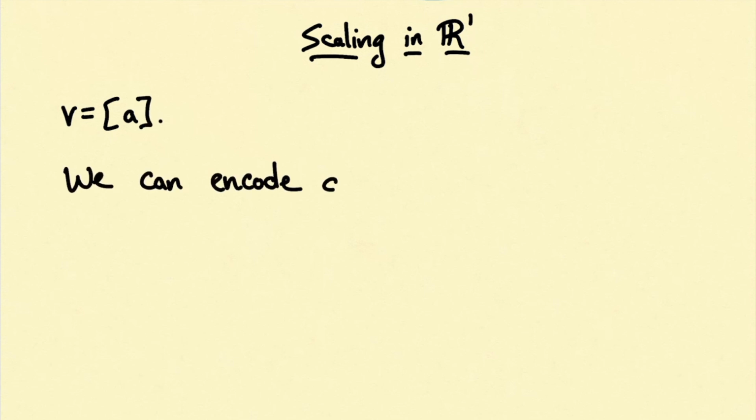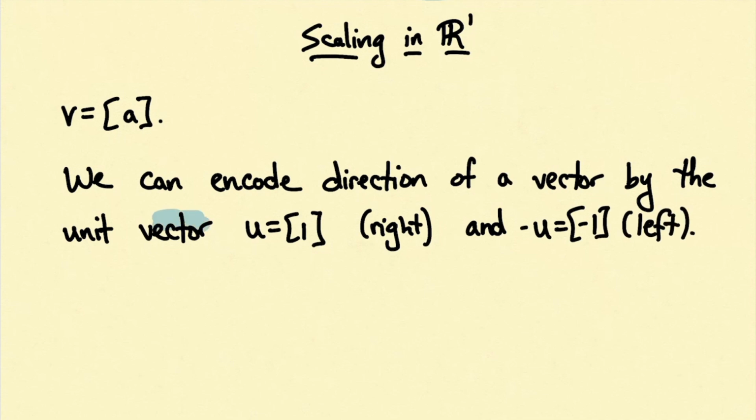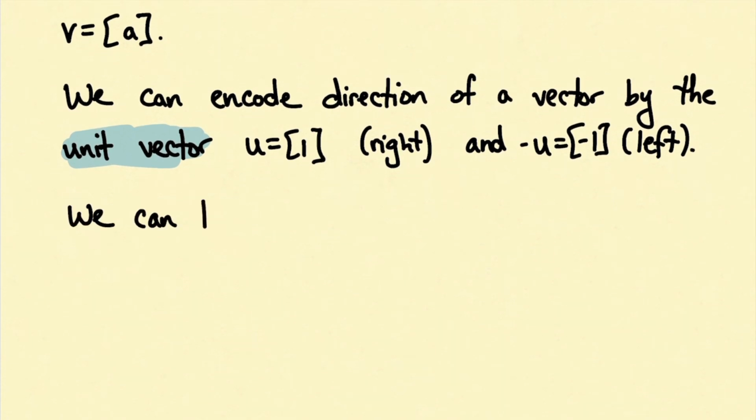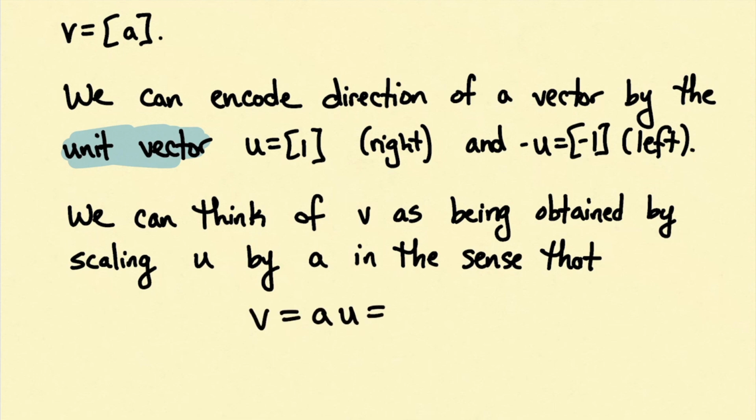We can encode the direction of a vector by the unit vector u, which is the single entry 1, which points to the right by 1 unit, and minus u, which points 1 unit in the left direction. Again, they're called unit vectors because they have unit length, which is just 1. This allows us to think of the vector v as being obtained by scaling the unit vector u by a.